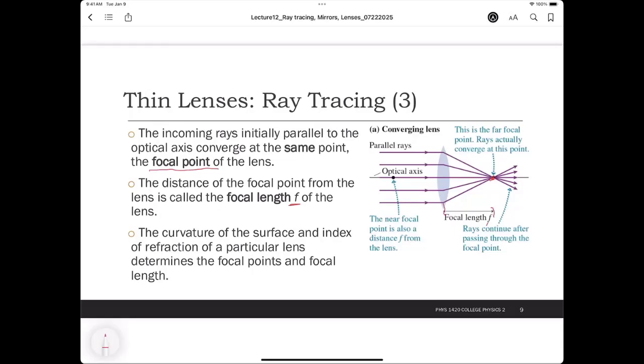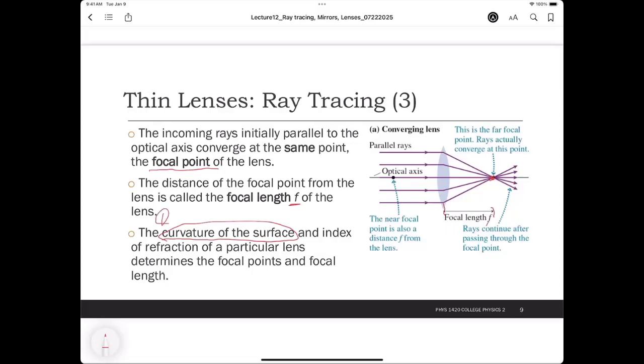The curvature of the surface and the index of refraction of a particular lens determine the focal point and the focal length. There are two different things that determine them. The first one is the curvature of the surface.